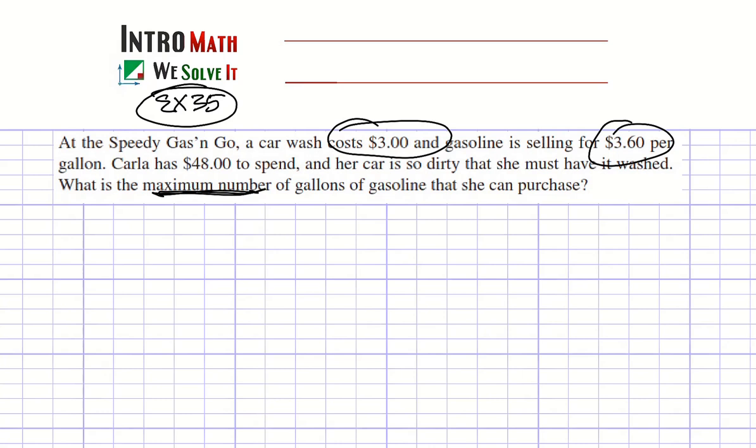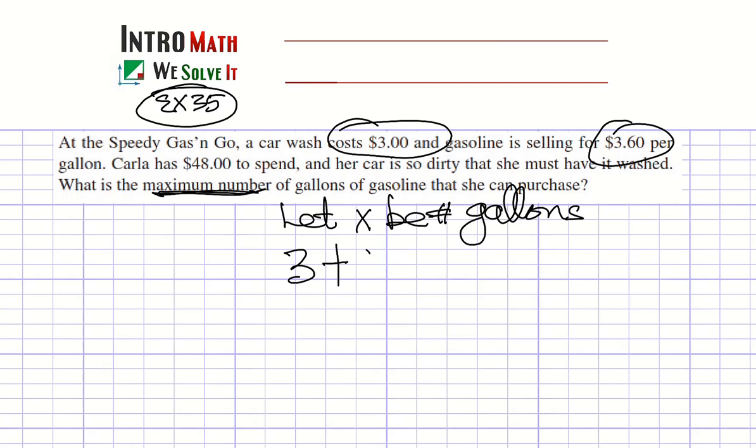The trick is to let x be the number of gallons that she can buy with the $48. So what they're saying is $3 plus 3.60x, where x is the number of gallons.